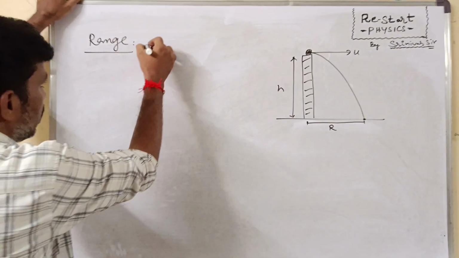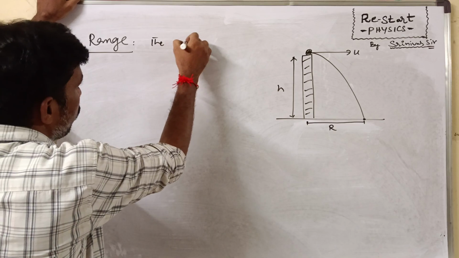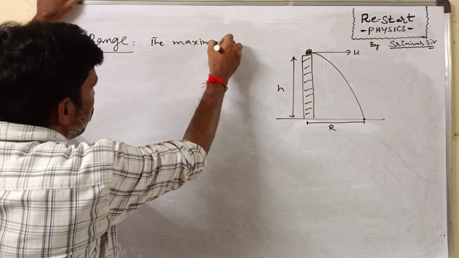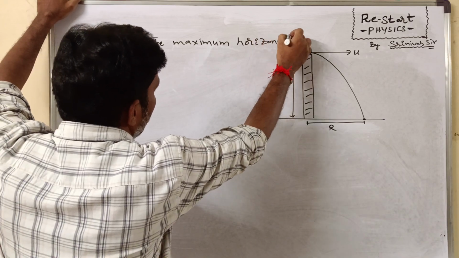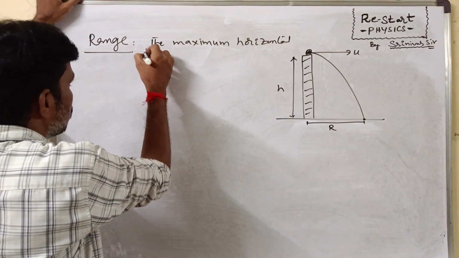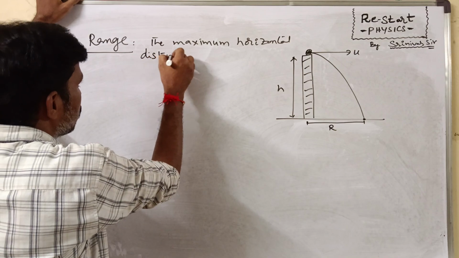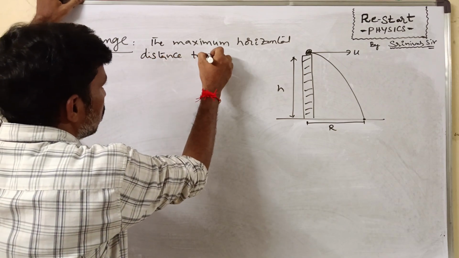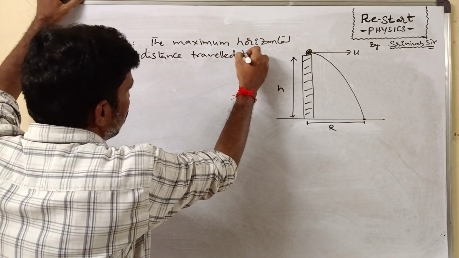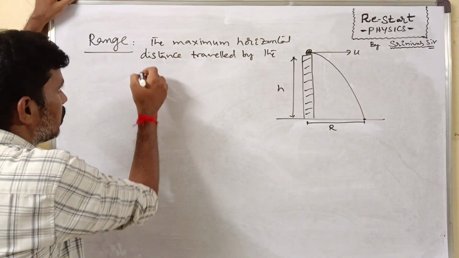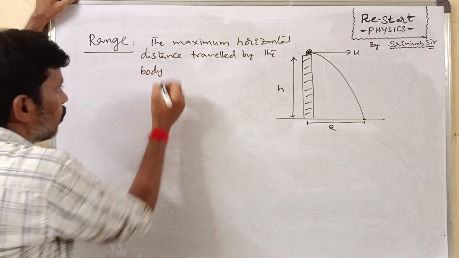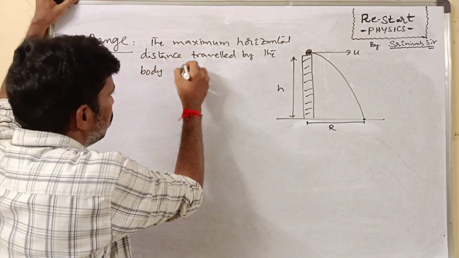So the maximum horizontal distance or displacement, or whatever. The maximum horizontal distance traveled by the horizontal projectile, or traveled by the body, while it touches the ground.